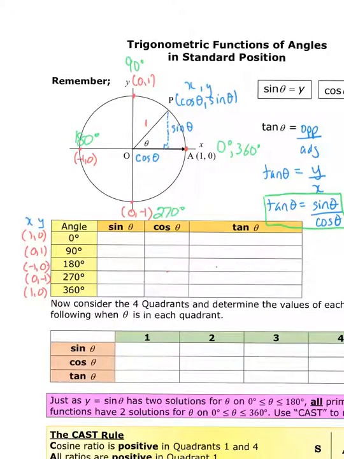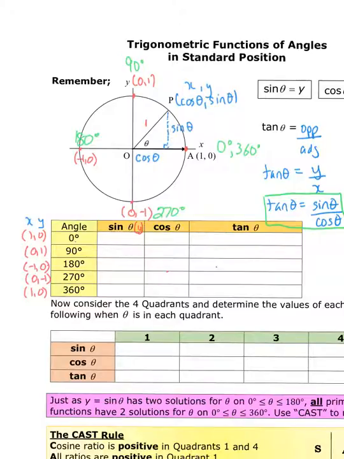So now we are going to use the unit circle to find values of sine θ, cosine θ, and tangent θ without a calculator. So for angle 0, we know we are here where the coordinate is (1, 0). So I've written that on the side, (1, 0). Sine, we know, is our y value.